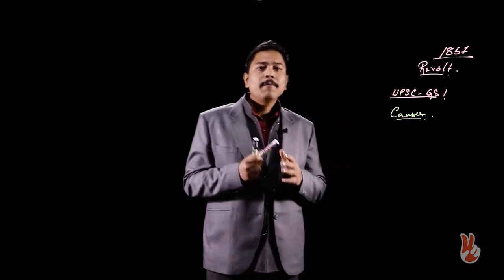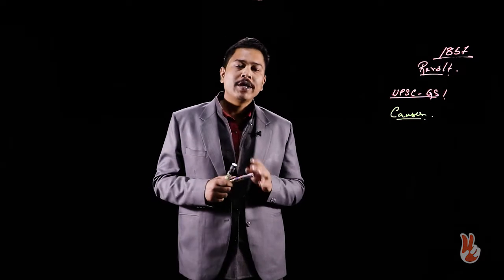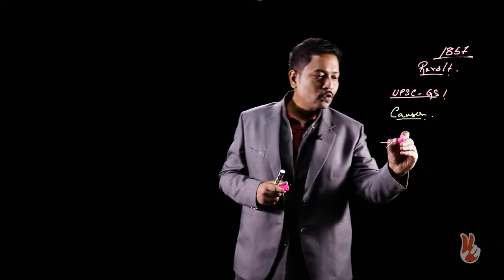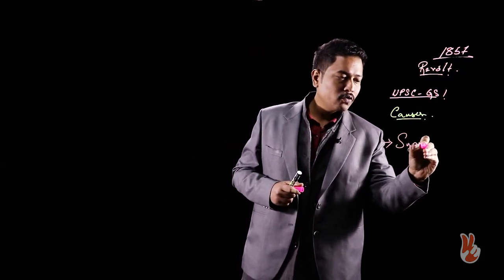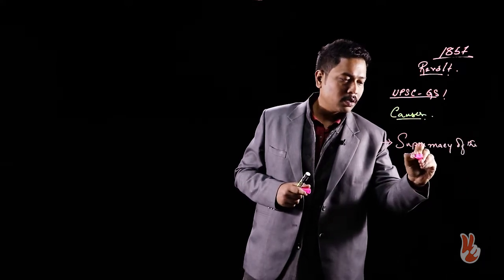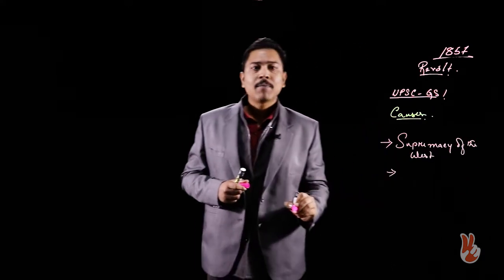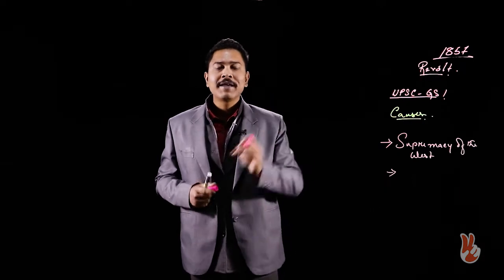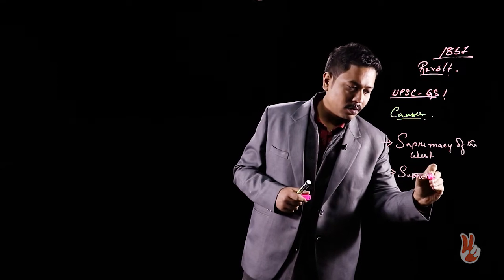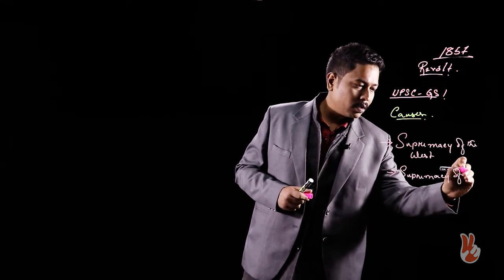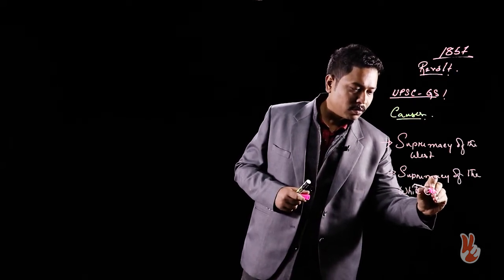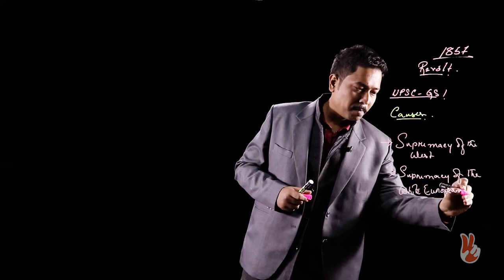Now, a very pertinent fact about British rule in India: it was predicated upon the idea of the supremacy of the West. It was predicated upon the epistemological certainty of the supremacy of the white European men.